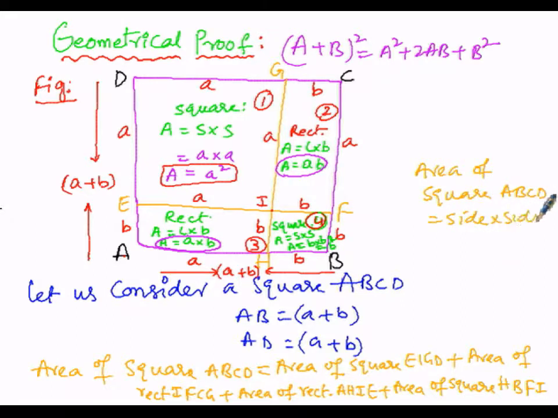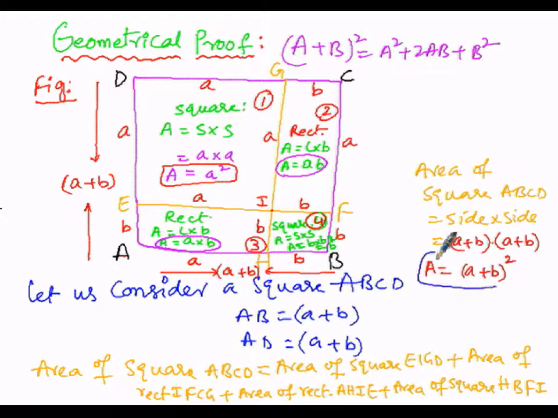Here the side is A plus B and the side is again A plus B, that is A plus B multiplied 2 times. So A plus B's exponent is 1 here and A plus B's exponent is 1 here. Since the bases are equal, we have to add up the exponents. A plus B into A plus B is equal to A plus B whole square. So this is the area of the square ABCD.